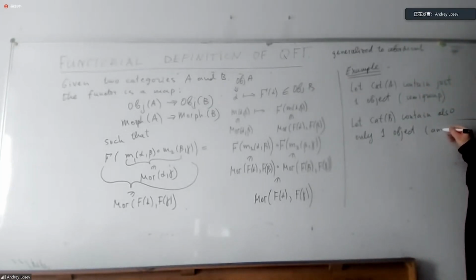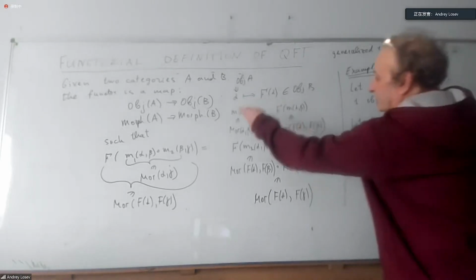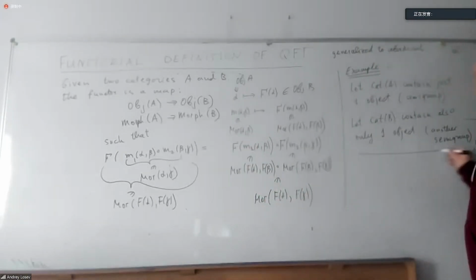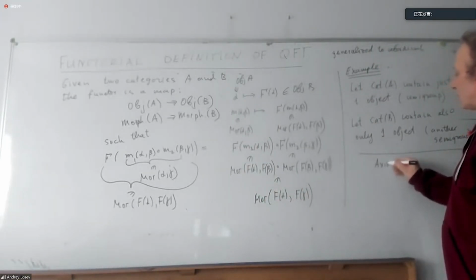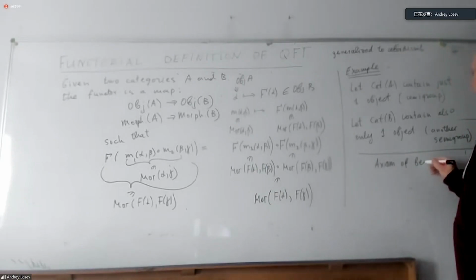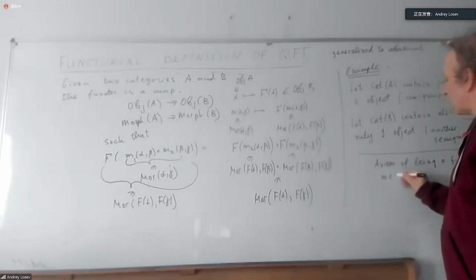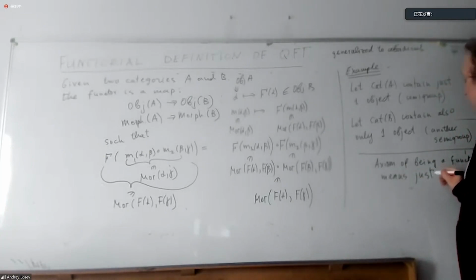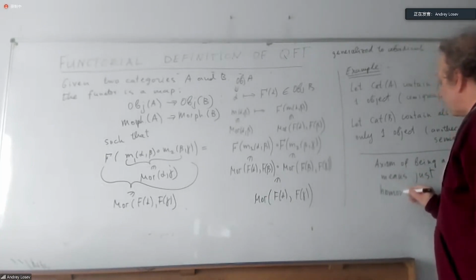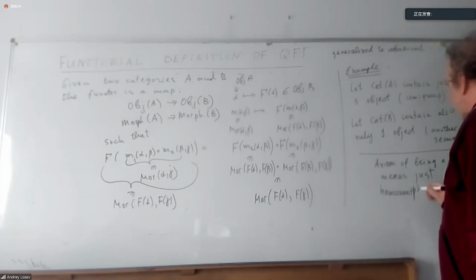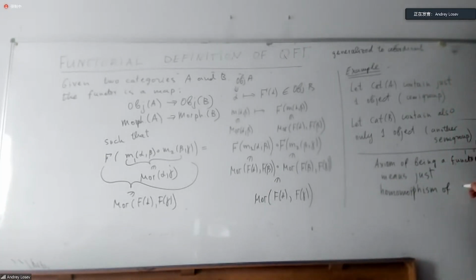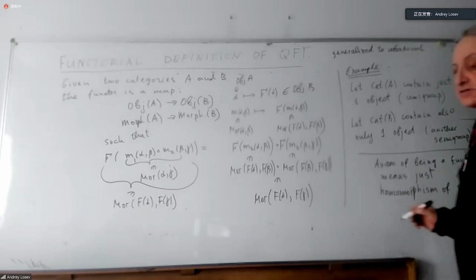Then it is another semigroup. So what does this axiom mean? The axiom of being a functor means just a homomorphism of semigroups. Just this.